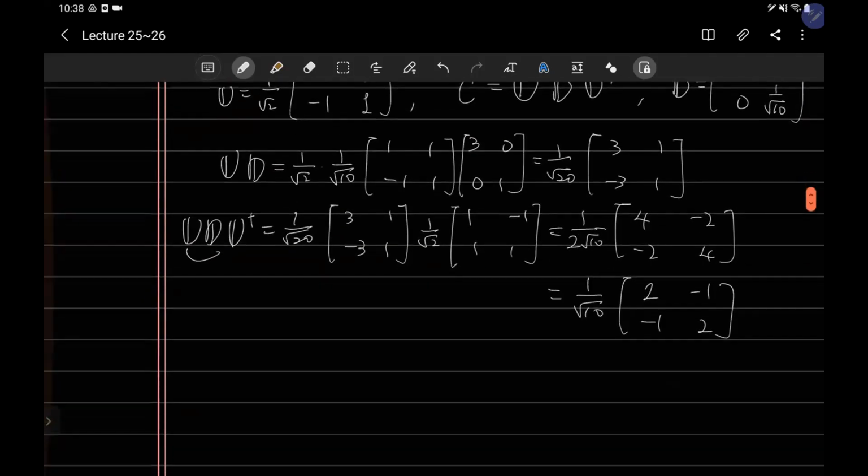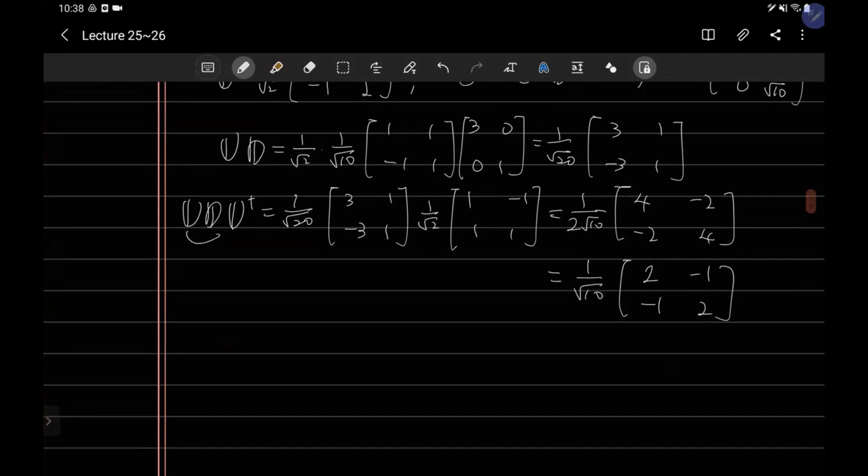The first thing I have to do is, we realize that C can be expressed as U D U dagger, and then another thing is that if we have this kind of relation between the matrices, then the ij component of this matrix can be expressed as the sum over k of b_ik and c_kj.